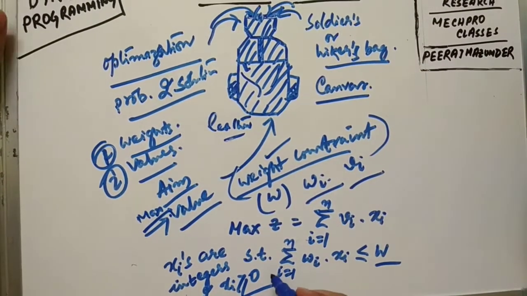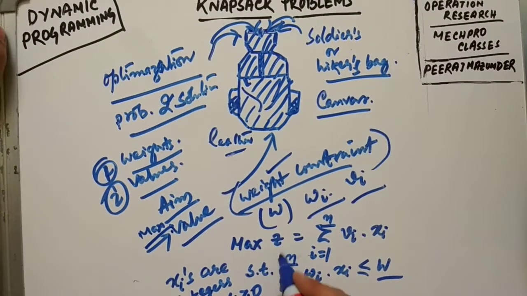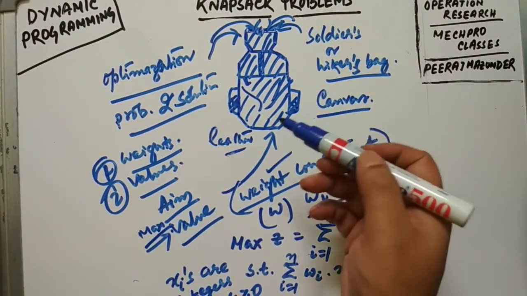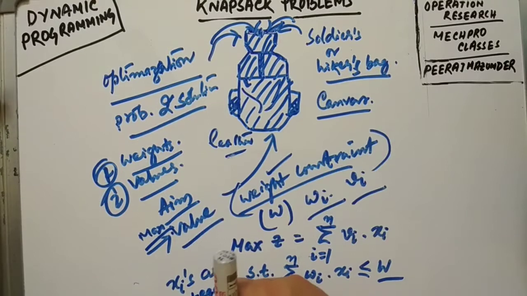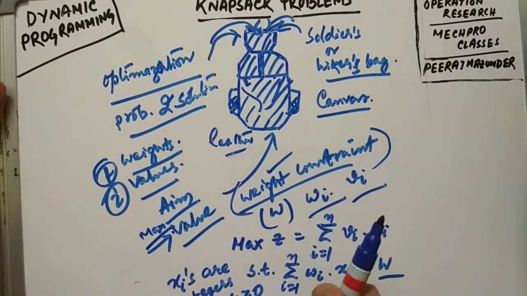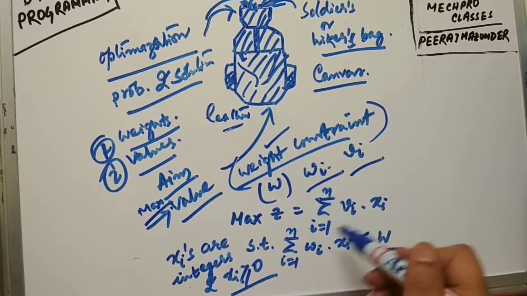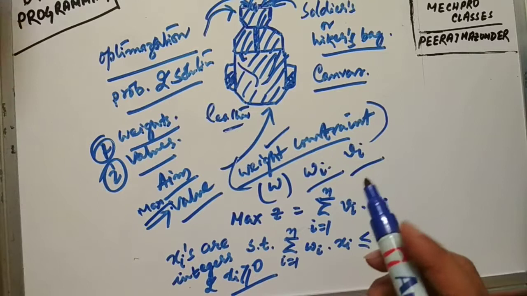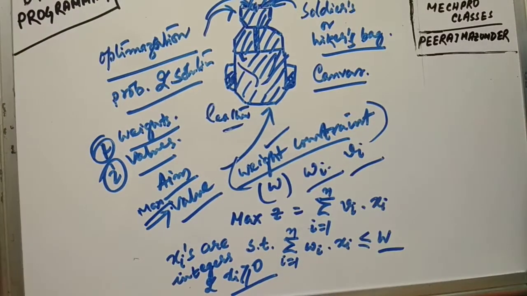Now one difficulty you can say, is that it is an integer linear programming problem, so the solution needs special attention. Let us now take a problem and get the solution.